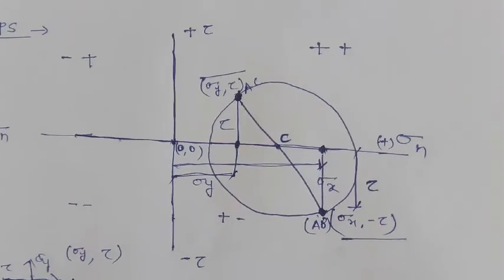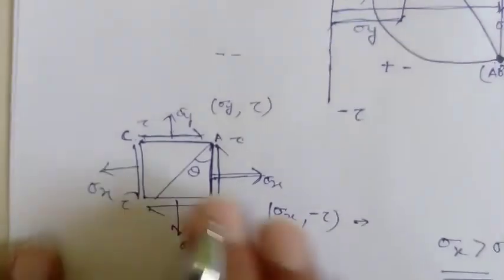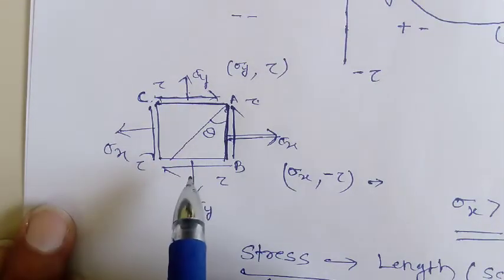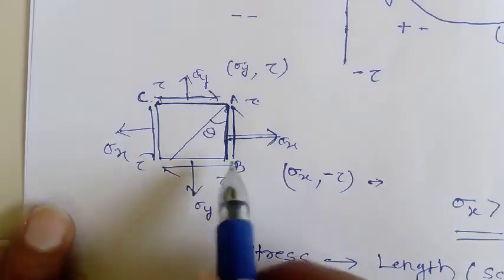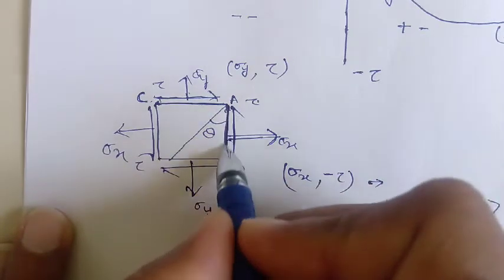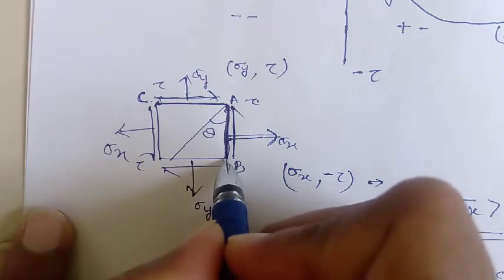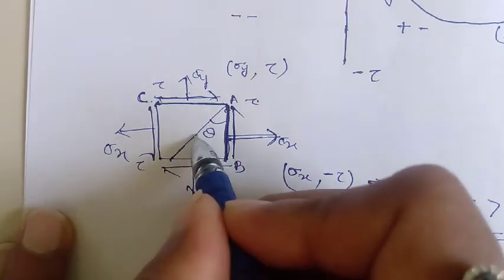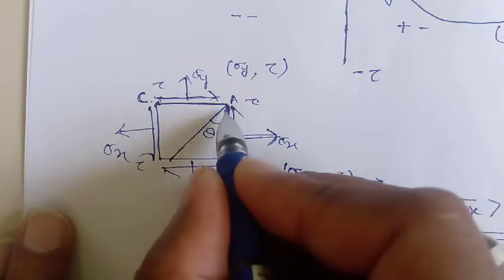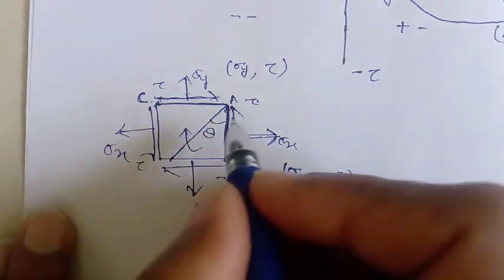This is another important consideration. But where do we have to plot this theta? To plot this theta, we first have to take the reference plane. Since sigma x is greater, this will be the reference plane for us, and from this reference plane we draw this theta. Suppose the sense of theta from this vertical plane is clockwise.